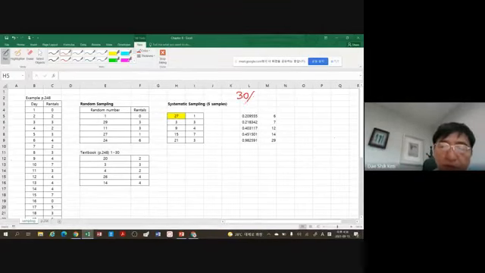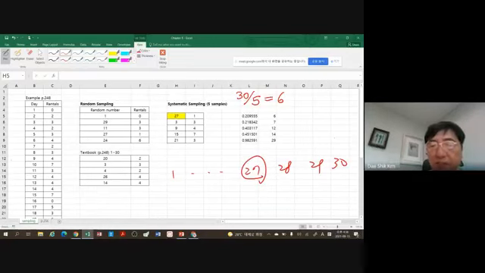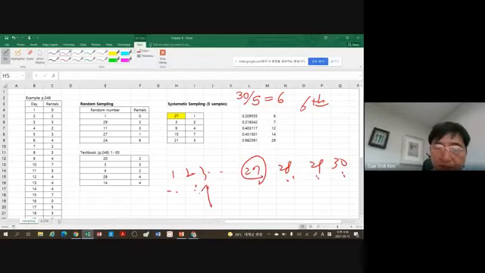I want to choose 5, so the interval is 6. Starting at 27, then 28, 29, 30. This is the first one. And then every six numbers: 1, 2, 3, 4, 5, and you need to continue 1, 2, 3, 4, 5, 6, every 6. This one, 3, is selected.